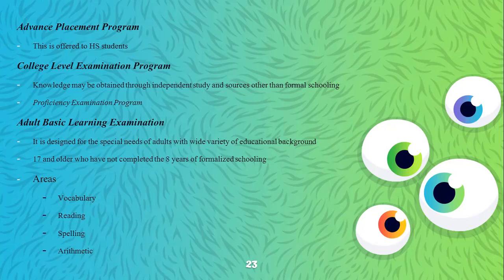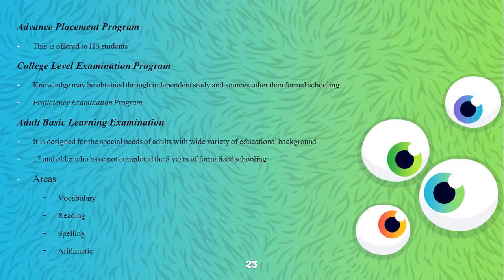So, exams in subjects ranging from American history to tests and measurement. This is one example of CLEP to determine whether a student is really worthy of being given advanced placement.